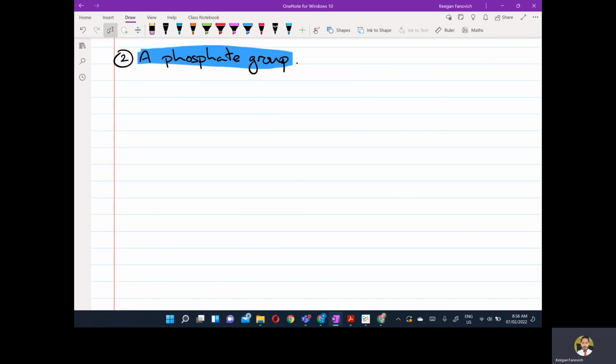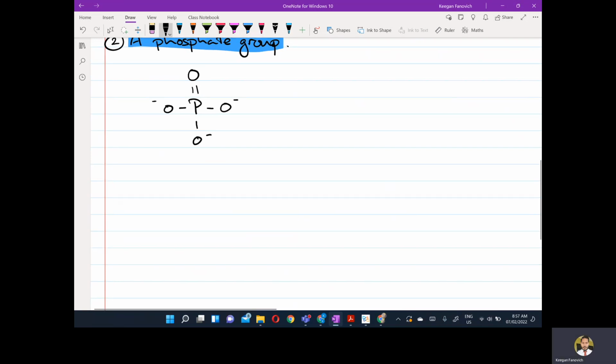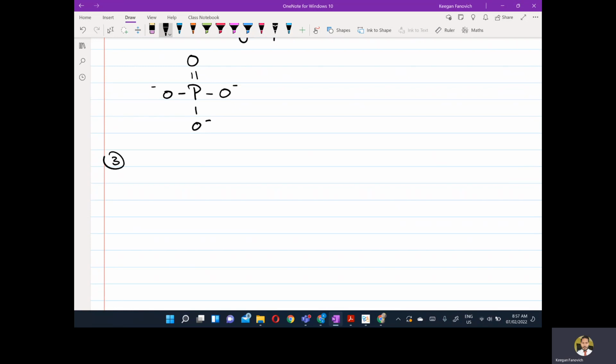Now, the phosphate group is a very hydrophilic, ionized group that contains a phosphate central atom. So you have phosphate, oxygen, oxygen, believe it or not, oxygen, and I'm sure you could guess the last one, yep, oxygen. So we have our phosphate molecule. It's nothing more remarkable than that.